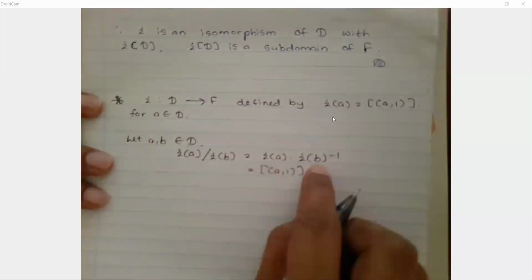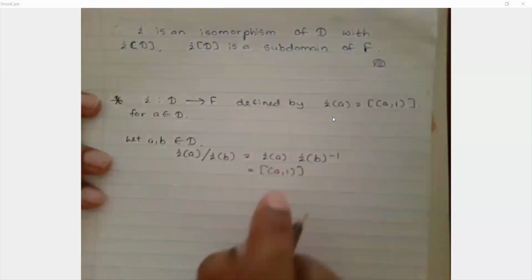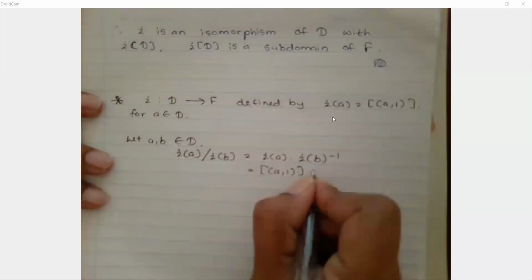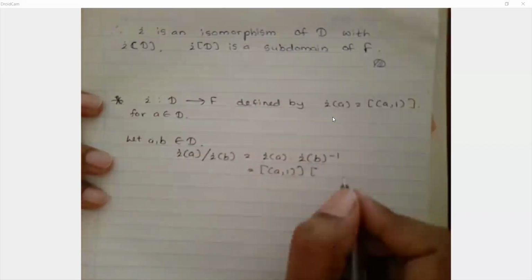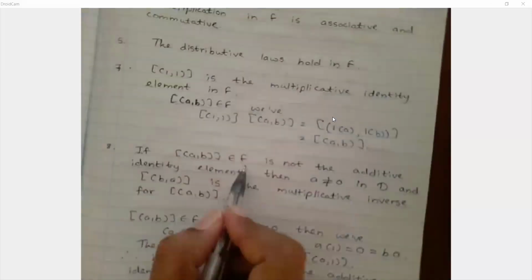And I of B is simply the equivalence class of the element B1, and its inverse is given by 1B. If you go back to that previous property we did, if A, B in F is not the additive identity, we simply switch these and take the equivalence class of BA to be the multiplicative inverse.